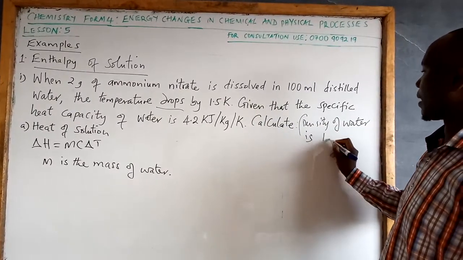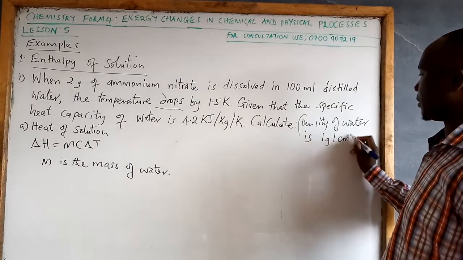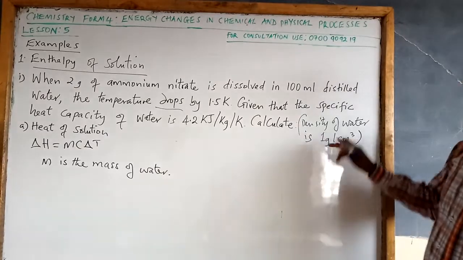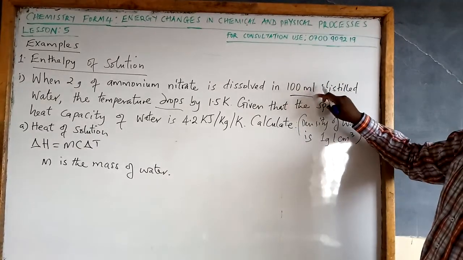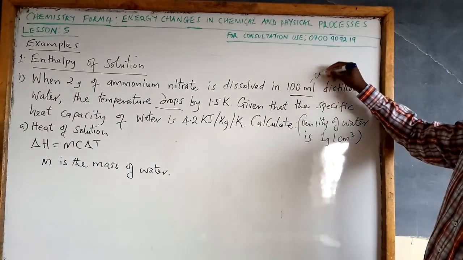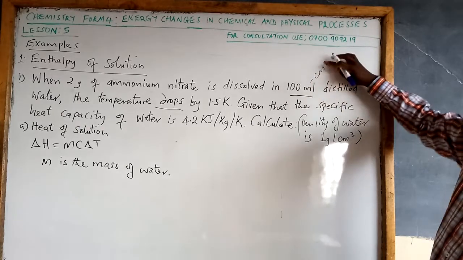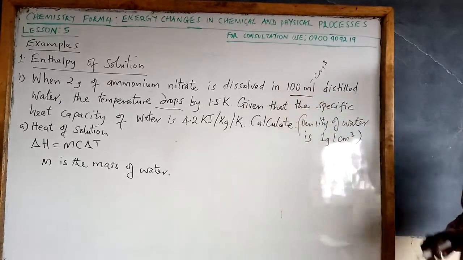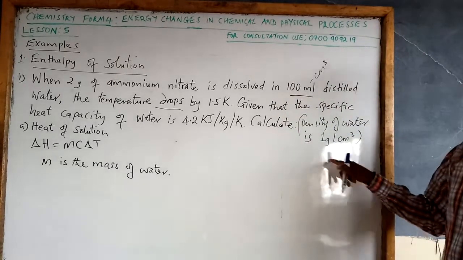is 1 gram per centimeter cubed. Because what you have been given here is in ml, this is equivalent to centimeter cubed. 1 ml is equivalent to 1 centimeter cubed, so this is like 100 centimeter cubed.